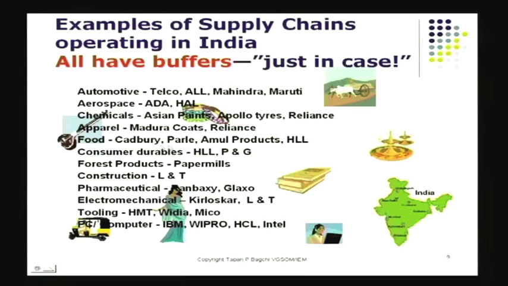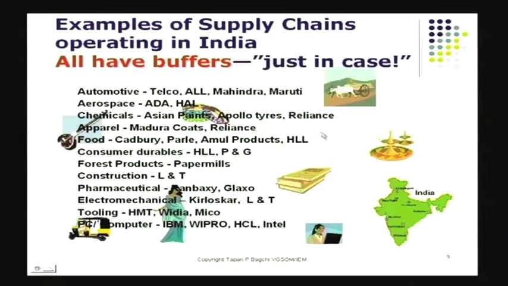Food, we've got Cadbury, Parle, Amul products and so on and so forth. Consumer products, we've got many of them. Forest products, construction activities, those are managed by the likes of L&T, for example. Pharmaceutical, we've got Ranbaxy, we've got Glaxo and so on. Electromechanical parts, we've got Kirloskar, L&T, and these different people, they produce these final parts which are either sent to industrial customers or they are sent to consumers. Tooling, there are companies engaged in that kind of business, and of course, PCs and computers, there are a large number of companies involved there.